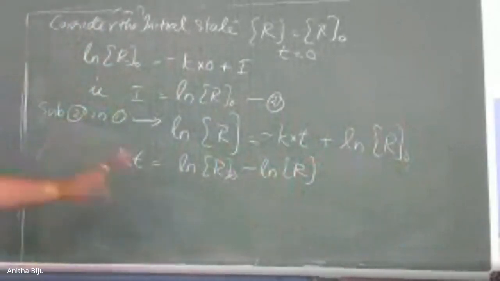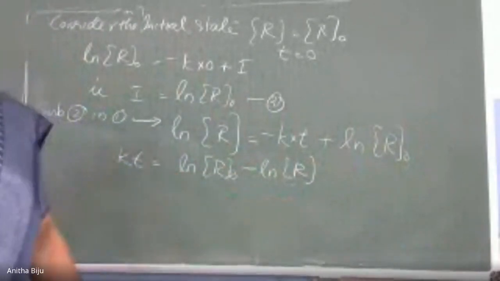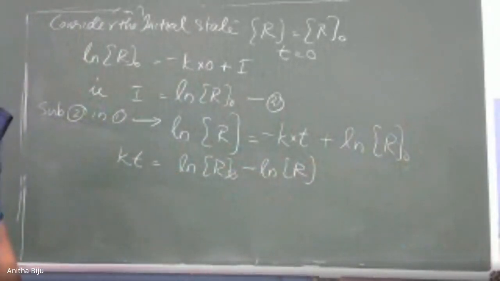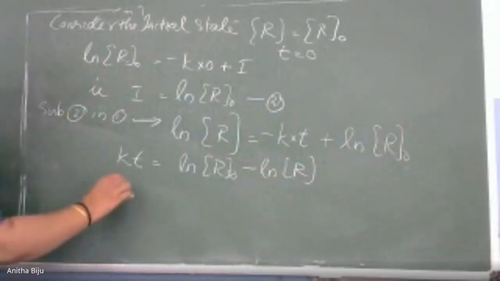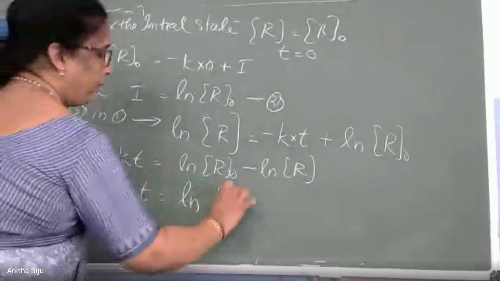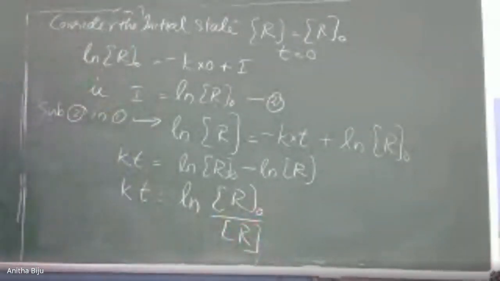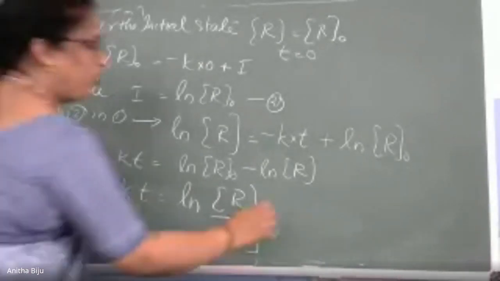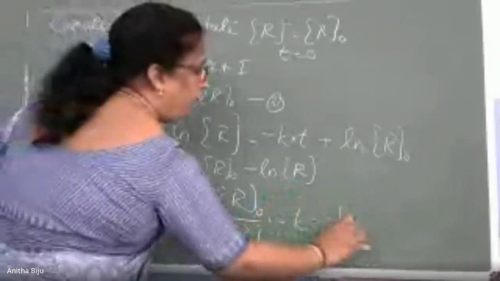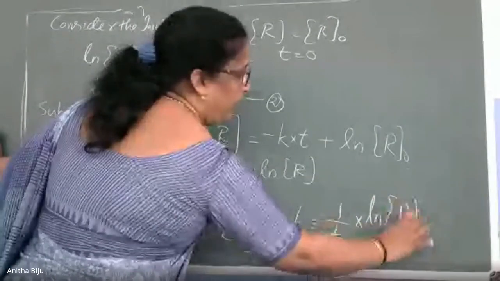Maybe you remember that this is just like logarithm a minus logarithm b, which indicates log a by b. So we can write k into t is equal to ln r naught by r. Therefore, k is equal to 1 upon t into ln r naught by r.